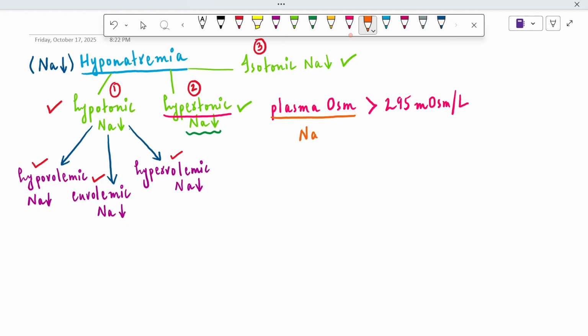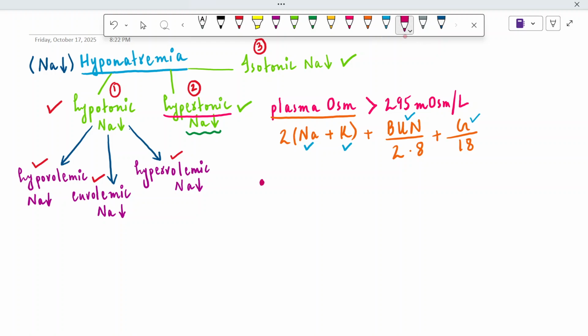It depends on sodium and potassium, this is the formula I'm writing here, plus blood urea nitrogen divided by 2.8, and glucose divided by 18. This is the formula for calculating the plasma osmolality. So sodium, potassium, blood urea nitrogen, and glucose: these four are very important in determining the plasma osmolality.